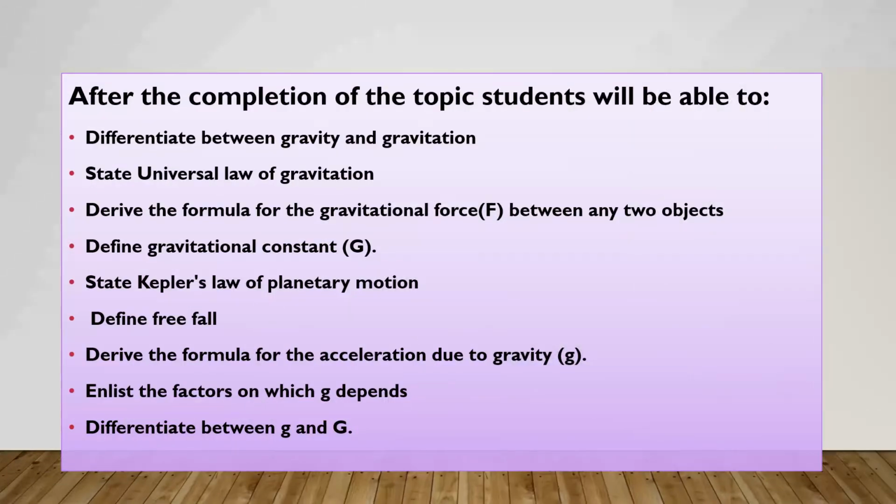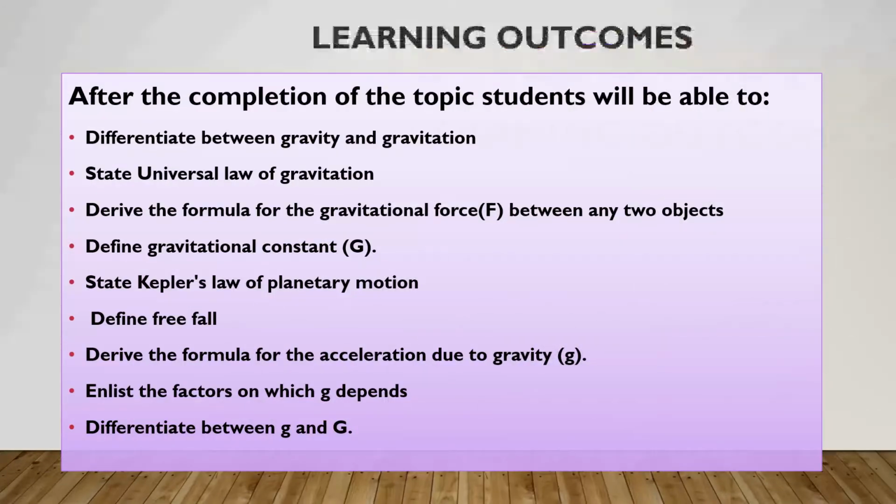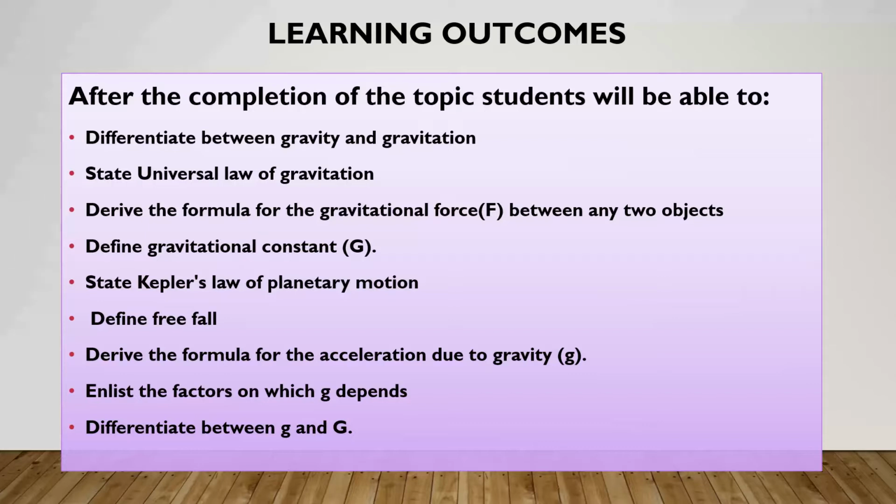Before moving ahead, let's discuss the learning outcomes of the day. Students, after the completion of the topic, you will be able to differentiate between gravity and gravitation, state the universal law of gravitation, then derive the formula for gravitational force F between any two objects in the universe. Finally, you will be able to define gravitational constant.